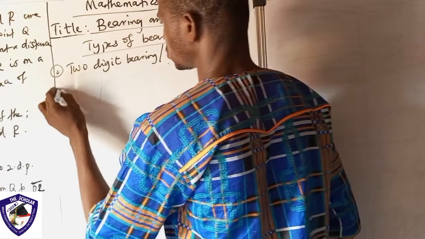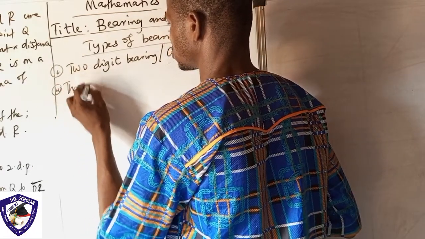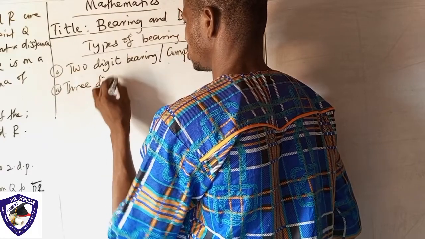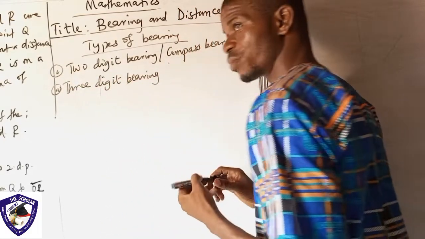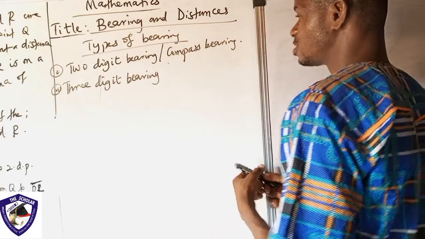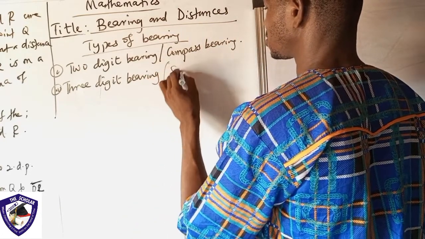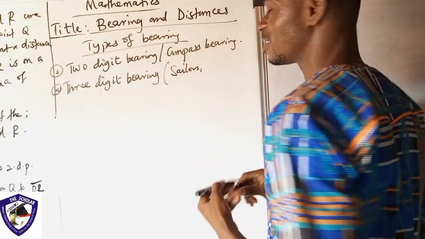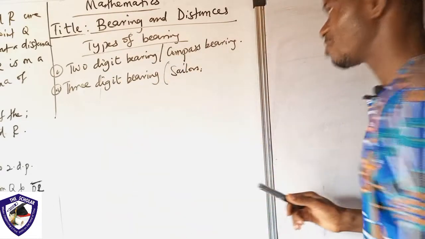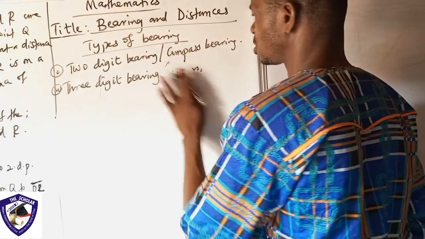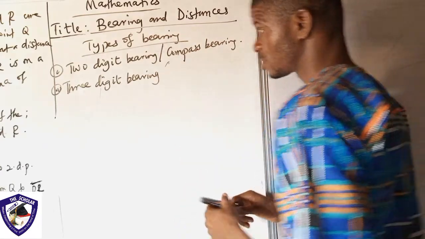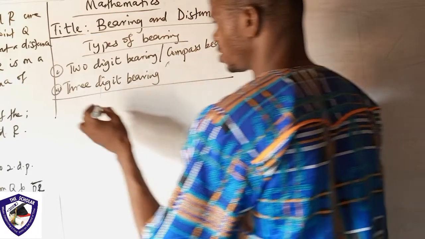And the second one is what we call the three-digit bearing, which in other contexts we also call the sailors' bearing, just like I stated earlier, or the army and the rest of it, the military bearing. But the official name is three-digit bearing.